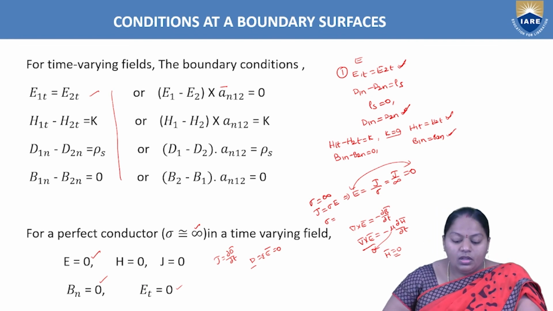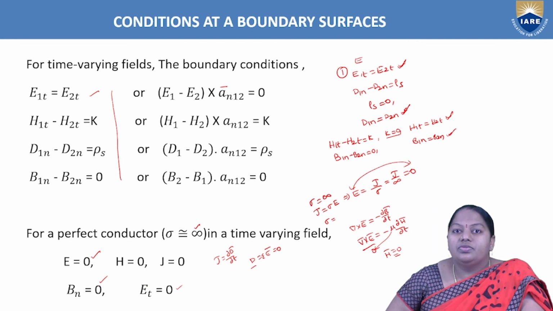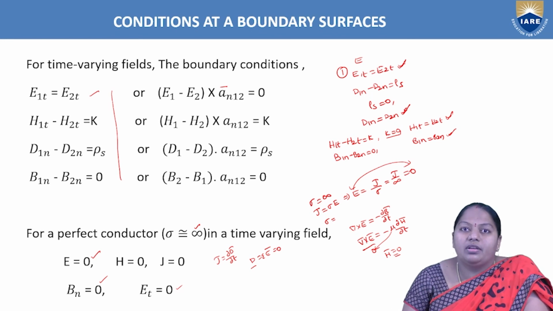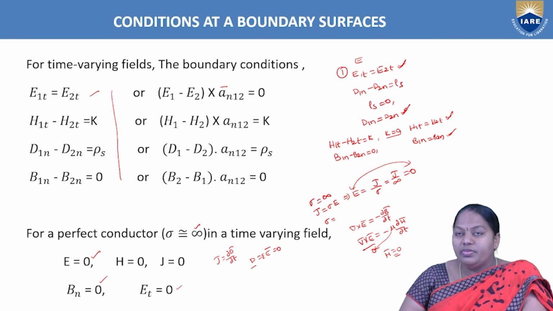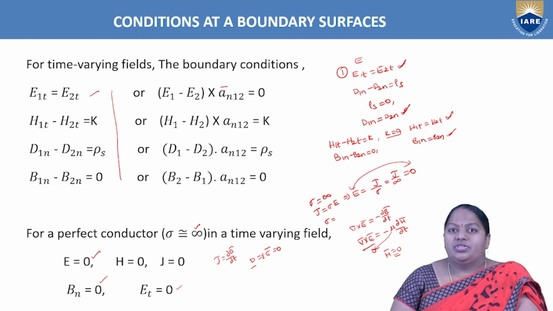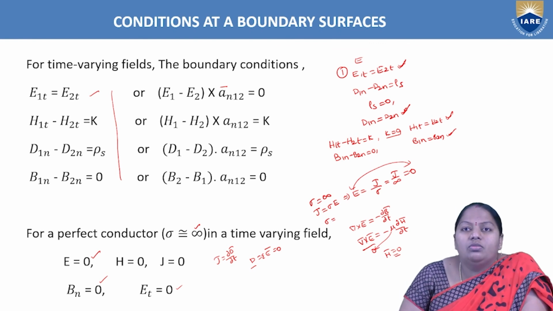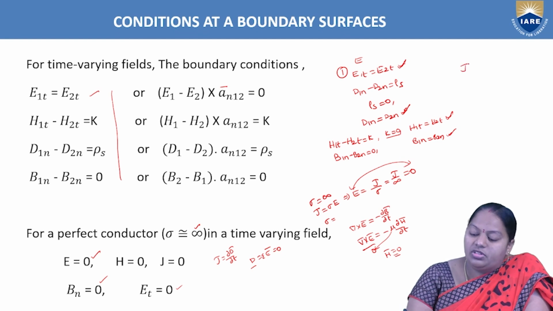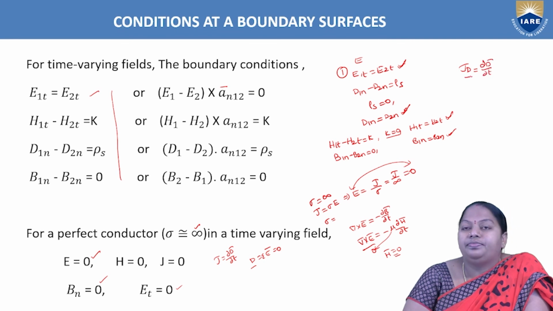Okay. So these are the boundary conditions that exist in the case of electromagnetic fields. So what we have learnt in this lecture is, firstly, what we mean by displacement current. From that, we evaluated the equation for displacement current density, dou D by dou t, as JD.